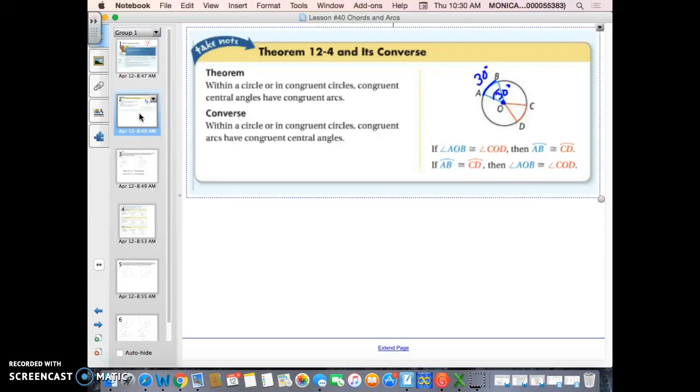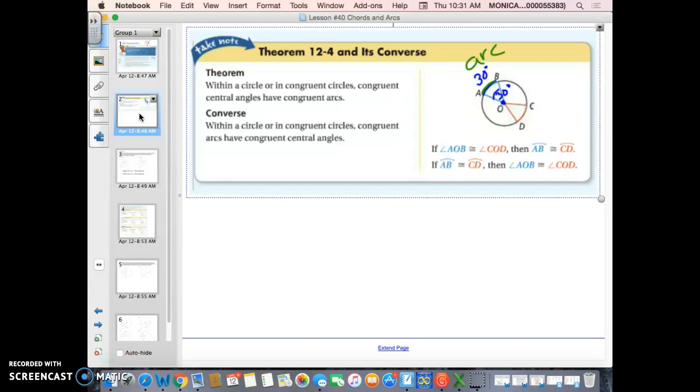And you could say the same thing on this side. This would also be 30 degrees, and the arc from C to D would also be 30 degrees. The angle is what has a vertex, and the arc is the segment of the circle. So this is what we call the arc.